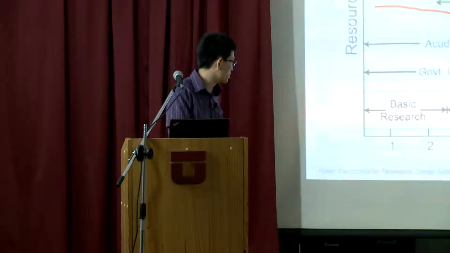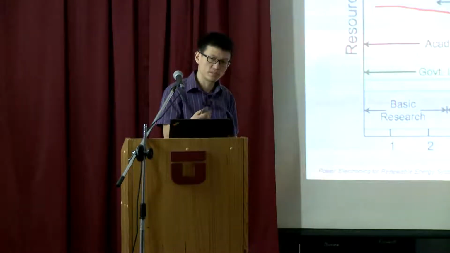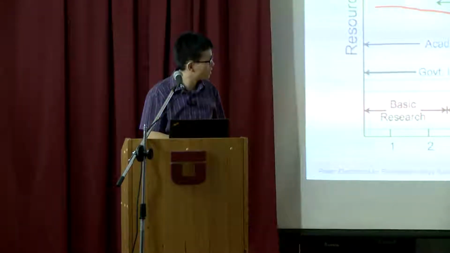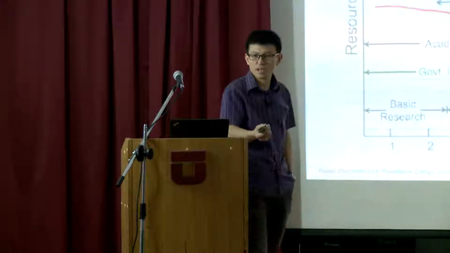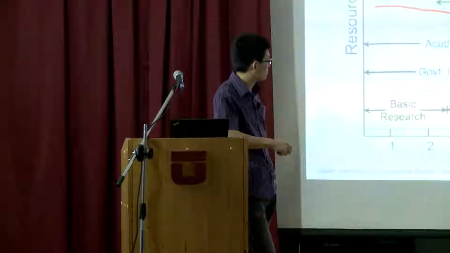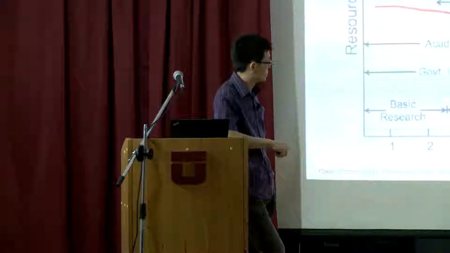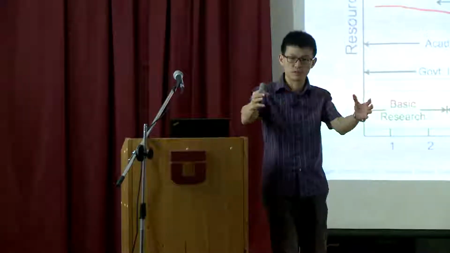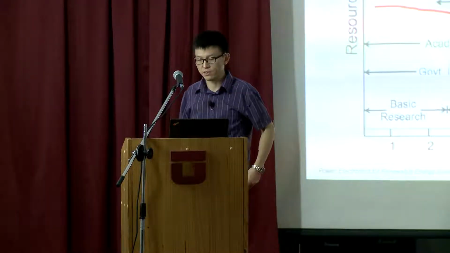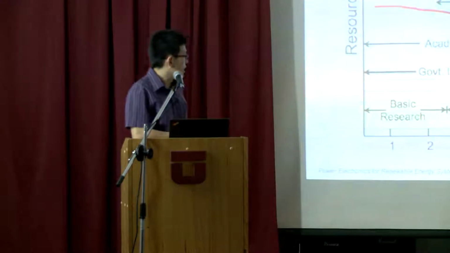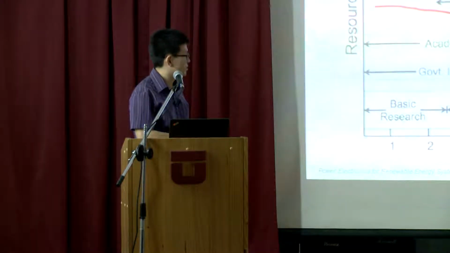Afterwards, 3 to 4 is applied research. This is what I think most of us are doing, building up prototypes. And from 5 to 7, it's more about scaling up from prototype to full scale level. Afterwards is system level development.